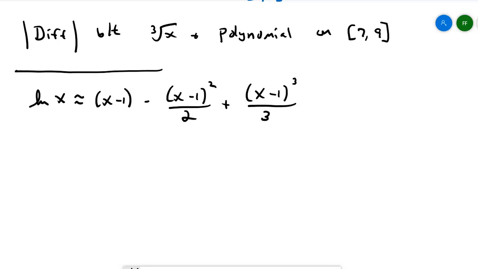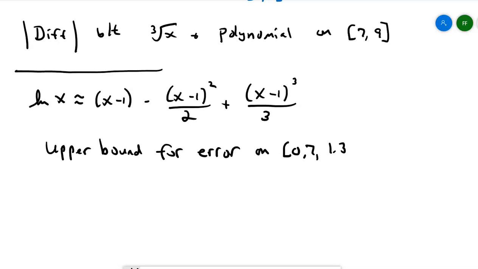And I want to estimate the remainder, find an upper bound for the error, or for the remainder, on the interval from 0.7 to 1.3. So you can see that the series is centered at 1. All right, so this is a symmetric interval around x equals 1.